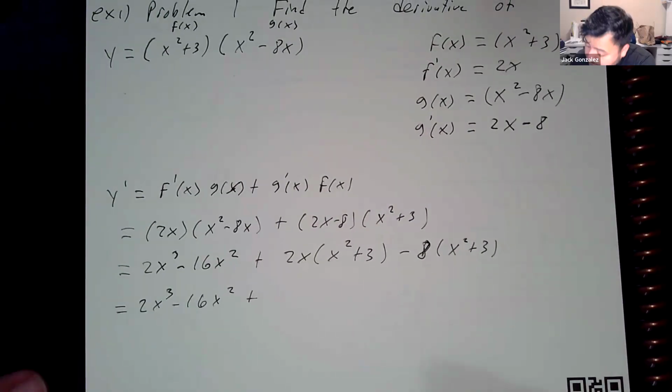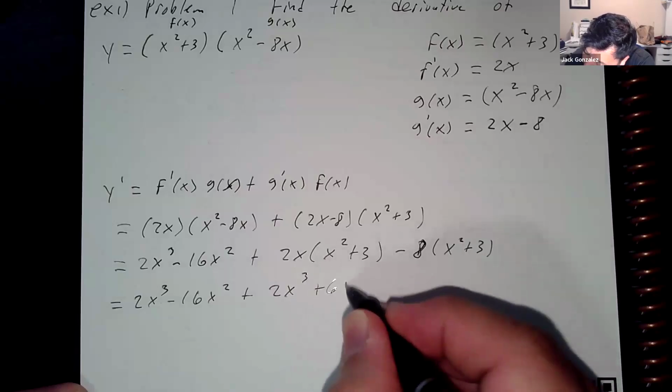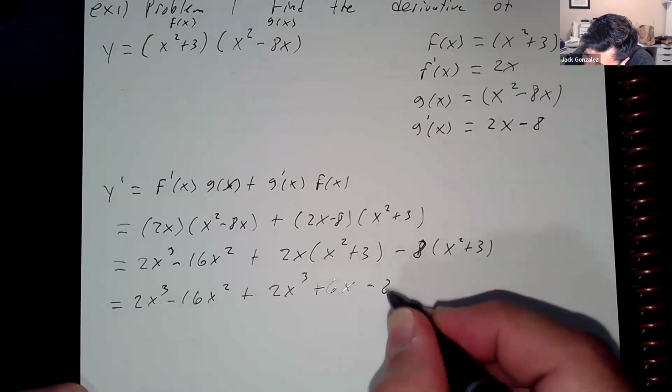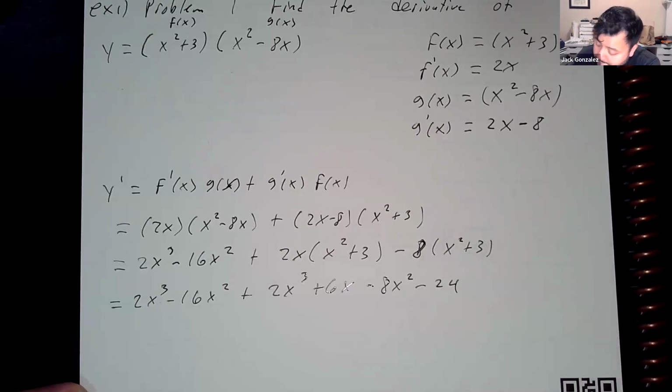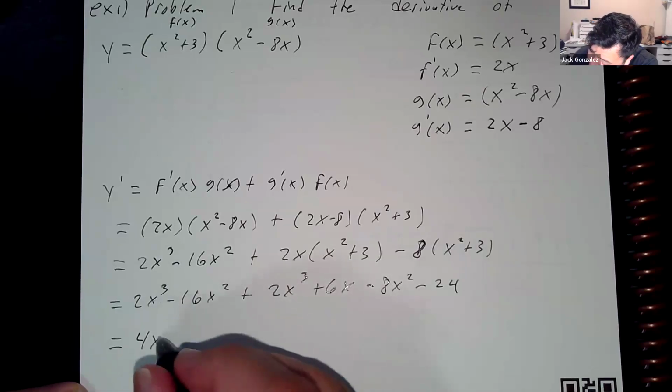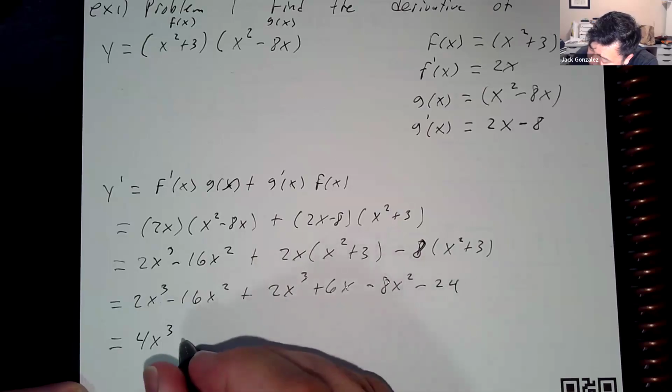It's all the same, really. Combine like terms and we're done, to get 4x cubed, negative 16 minus 8.